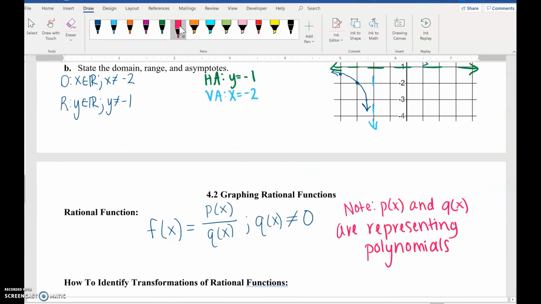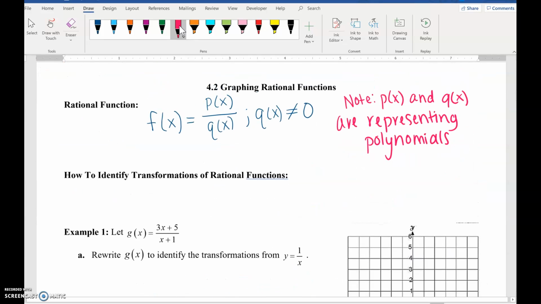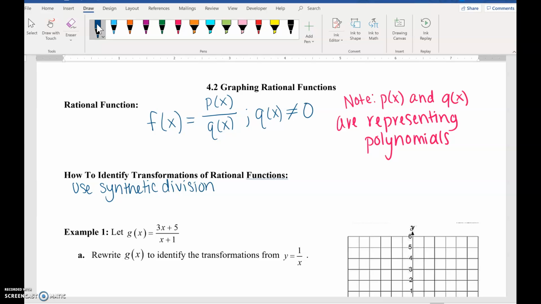For rational functions, we actually have to do some math prior steps to get it so that we can see the transformations. And what I mean by that is we have to use a method called synthetic division. So use synthetic division to rewrite as a reciprocal function.